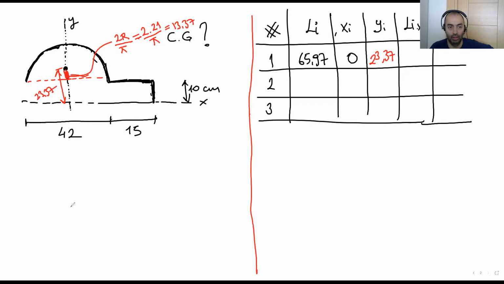Let's have a look at the second piece, the horizontal one. The total length is 15, right? It's basic. It's given in the question. 15. So what is xi? The center point is the centroid, and xi is here.